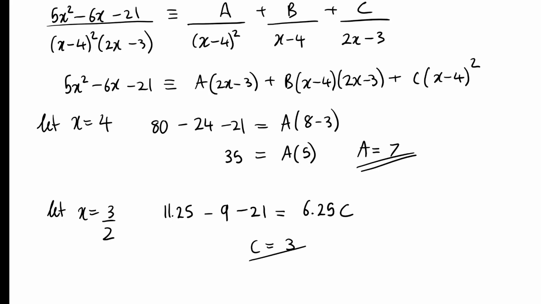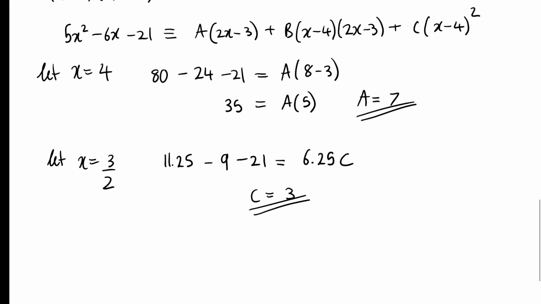Therefore c is equal to 3. And then finally we've used all of the sort of sensible values of x that wipe out most of the right side of the equation and allow us to find a, b or c separately. So now we just use an easy to use value of x. So we'll let x equal 0.